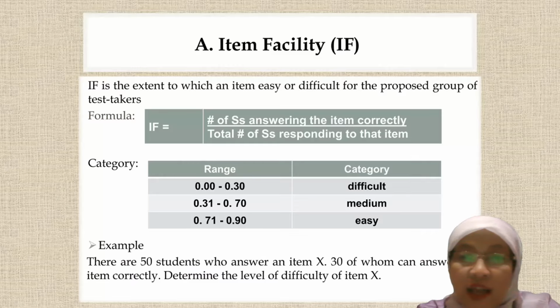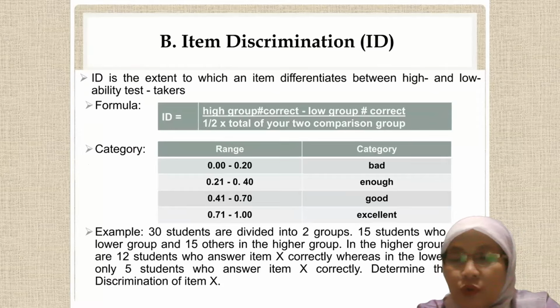The next one is item discrimination. This is to differentiate, untuk membedakan, high and low ability test takers. Jadi item ini bisa membedakan student yang mempunyai kemampuan tinggi atau student yang kemampuannya kurang.